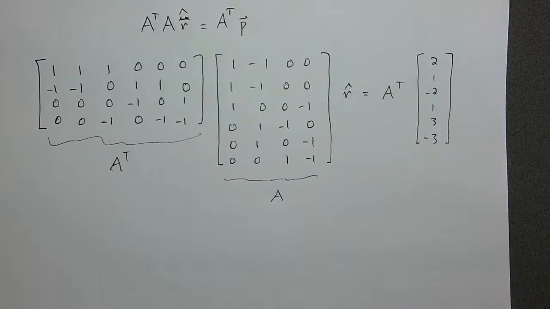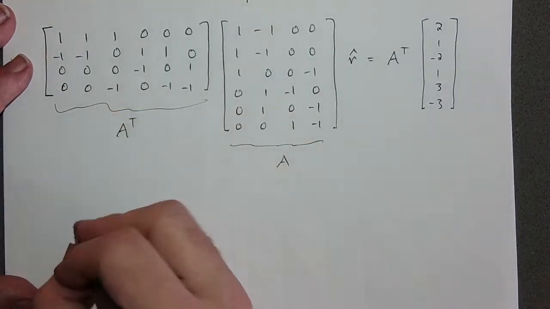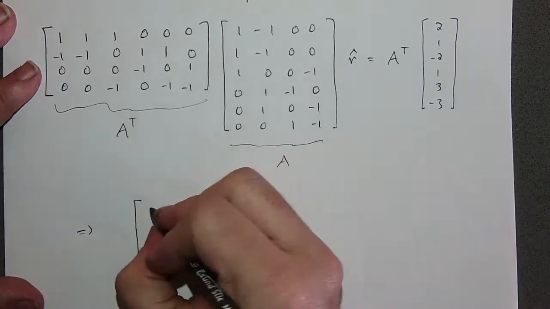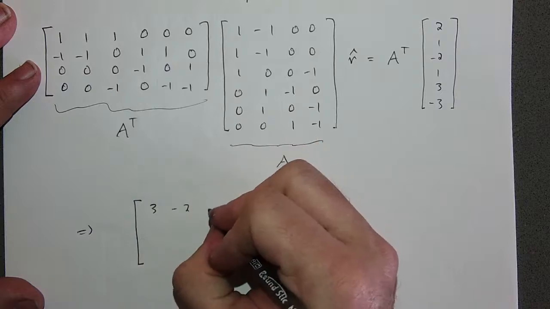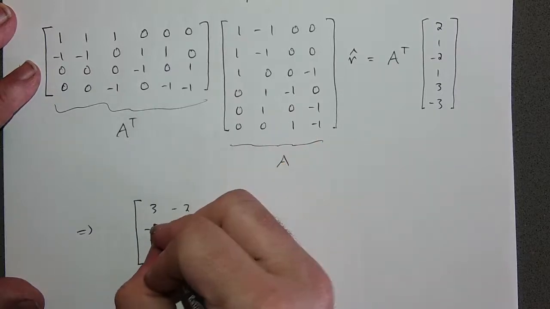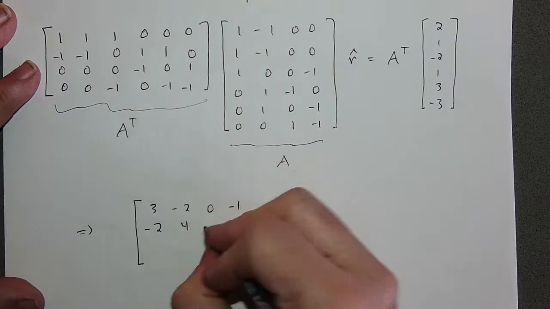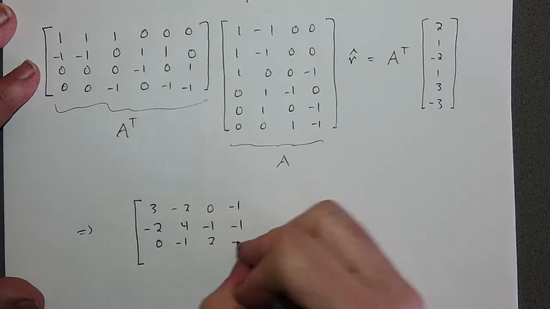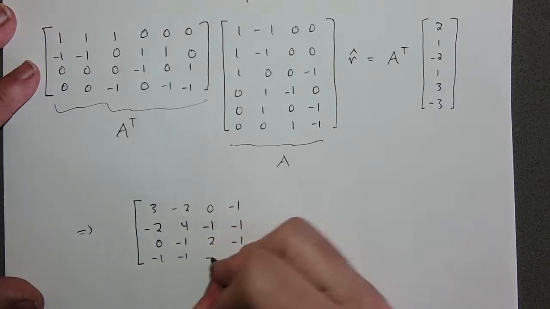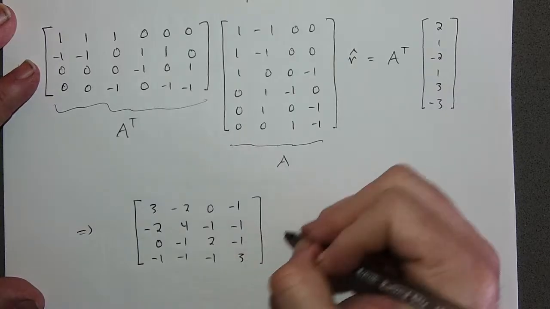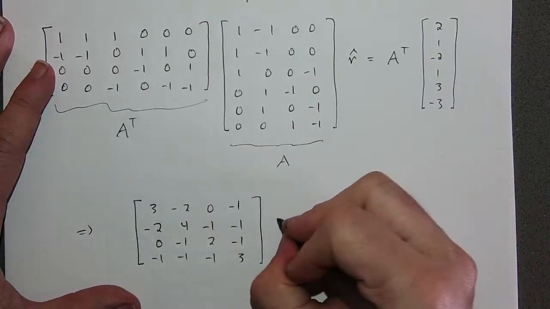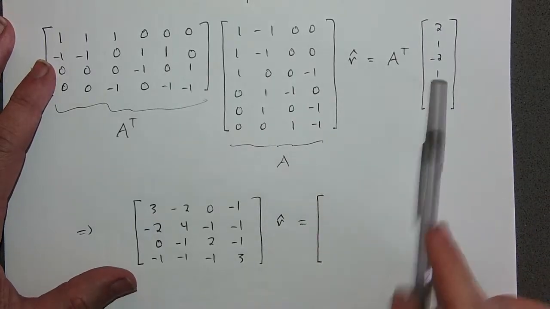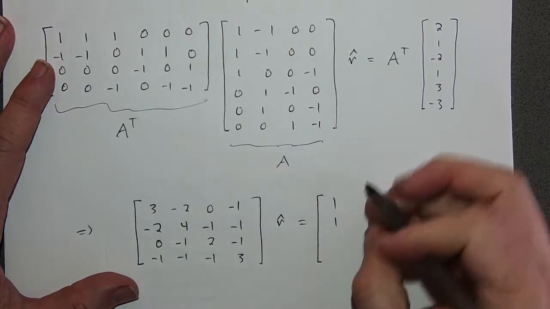Okay, which, when all is said and done, when I actually multiply this out, gives the normal equations as 3, minus 2, 0, minus 1, minus 2, 4, minus 1, minus 1, 0, minus 1, 2, minus 1, minus 1, minus 1, minus 1, 3, times R hat is equal to the result of multiplying A transpose with my vector of point values, which is 1, 1, minus 4, 2.